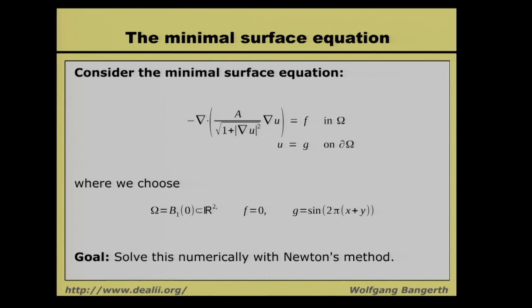For Step 15, what we choose is that the domain is the unit ball, so it's the disk of size 1 centered at the origin. Then for simplicity, we're going to use a 0 right-hand side, and as boundary values, we're going to choose sine of 2 pi times x plus y. Our goal, as I said before, is to solve this equation with Newton's method.